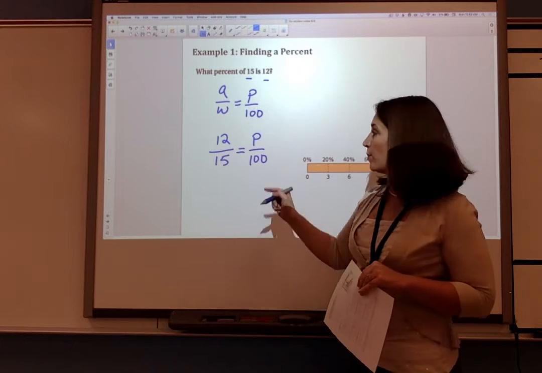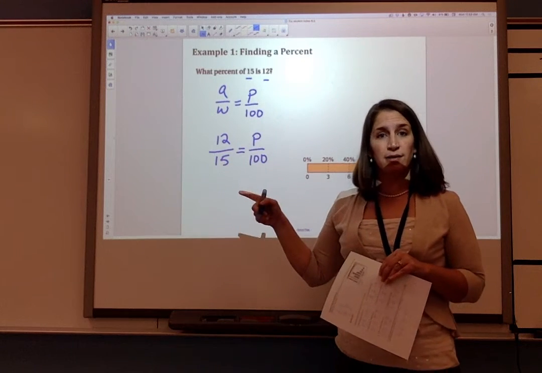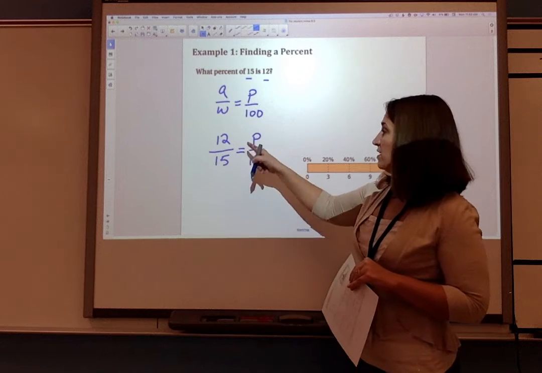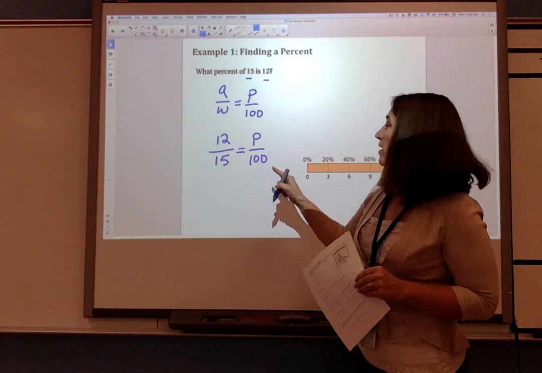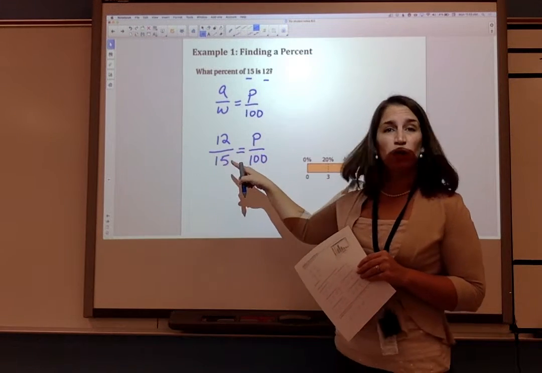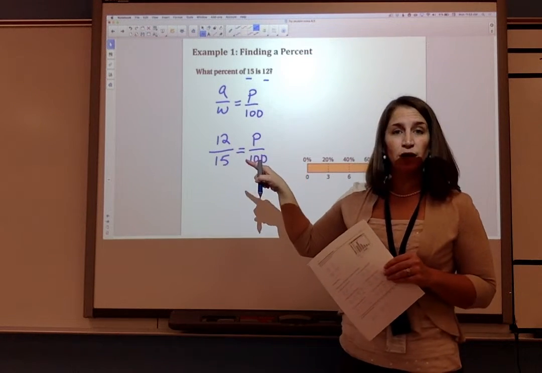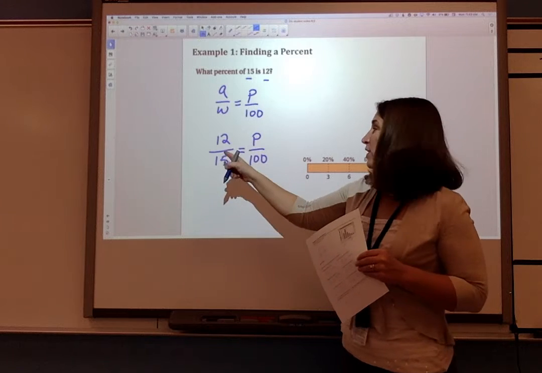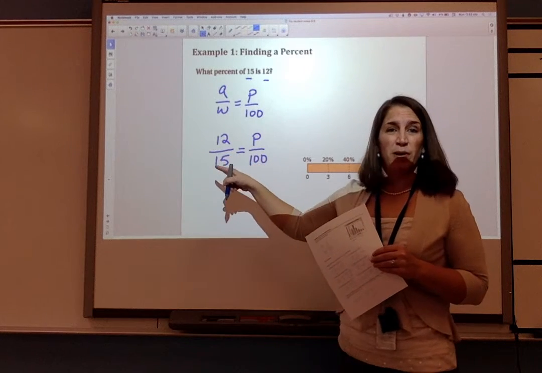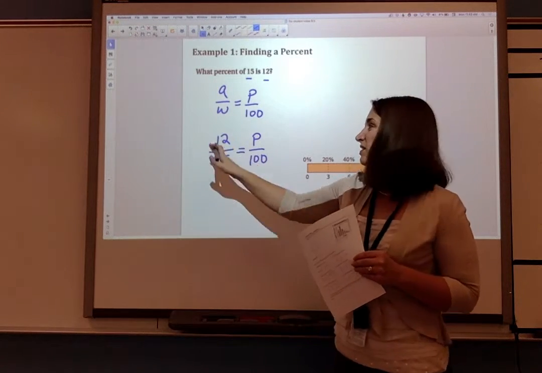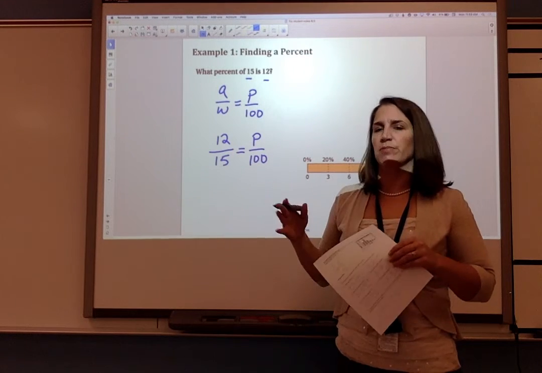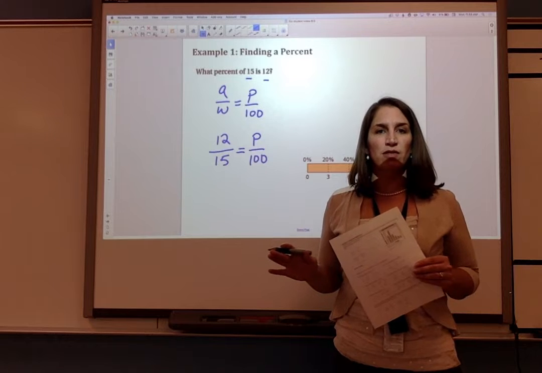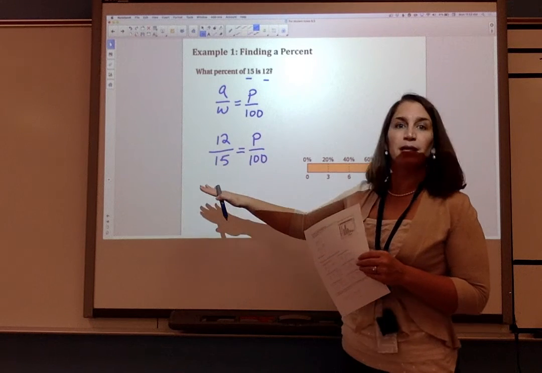We can solve the proportion by using cross products. So we could say 15P equals 1200. We could solve this one by just multiplying both sides by 100 to get the P by itself. We could figure out what it is that we're multiplying by to get from 15 to 100. We could simplify this ratio to make it something easier to multiply. A lot of ways you can go about solving this proportion, but it should be set up like this.